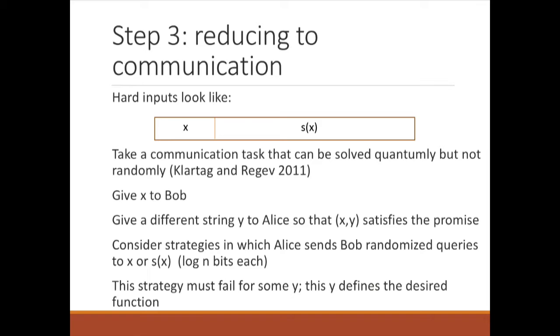Now we'll fix this Y. If we fix a Y in a communication problem and we look at possibilities for X, we really get a query problem. We get a function of X, where f of X is the communication game of X, Y after we fix the Y. That is the function that we will put here for X. So we will restrict X to the promise, placing on X the function that you get from this communication problem after we fixed Y to make the problem hard.